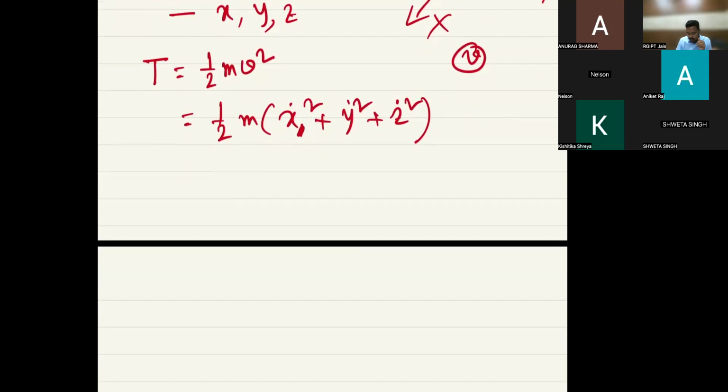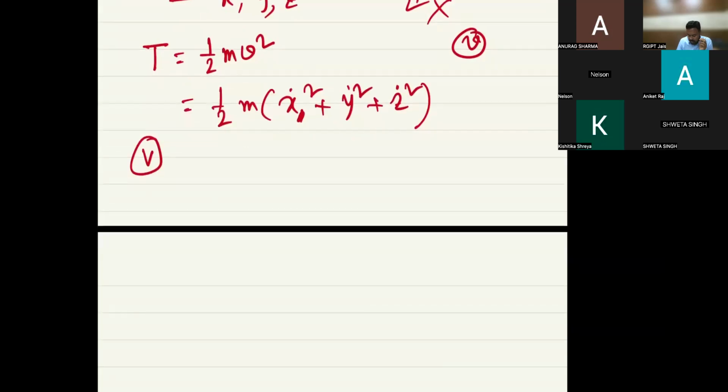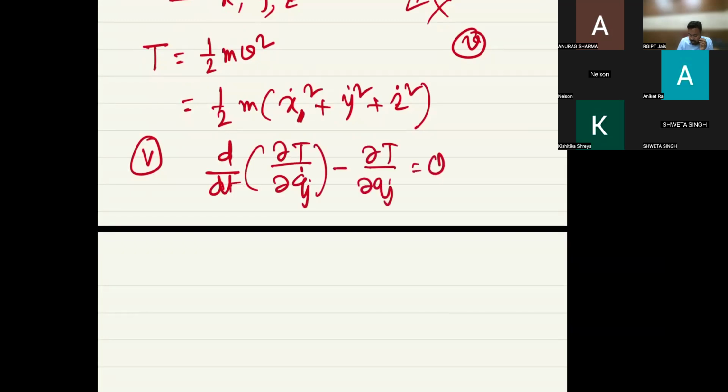But in this case, we cannot say anything about the potential energy because we don't know what force is acting on this free particle. That's why we need to use this particular form, d/dt of del T del Qj dot minus del T del Qj equal to Qj.